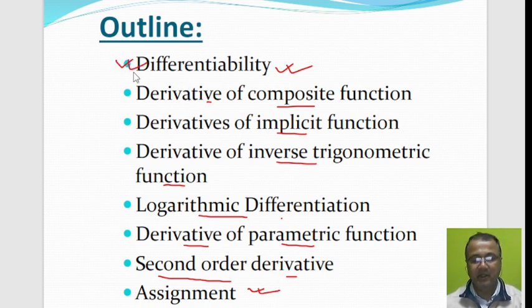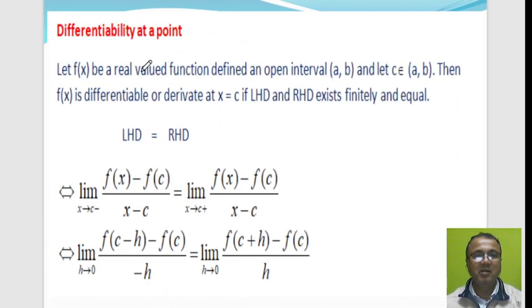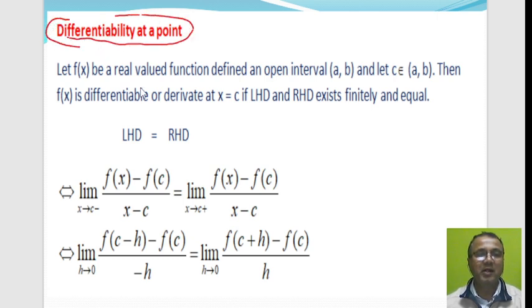What is differentiability? What does it mean? For any function, we have to check differentiability at a point. So we check whether the function is differentiable or not at some point. How will we check it here? Suppose f(x) is any real valued function defined on some open interval (a, b), and let c be any point between a and b.